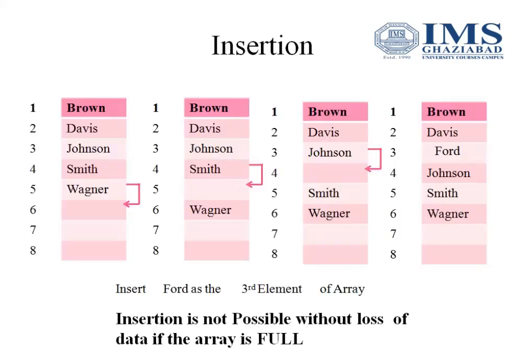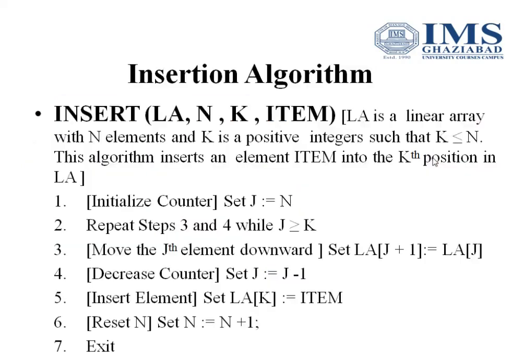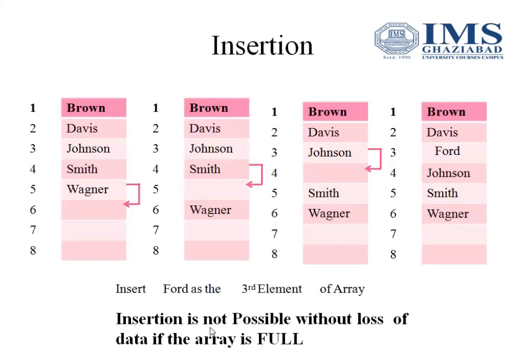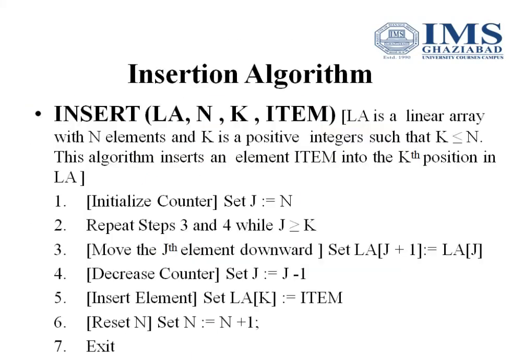Now the location at index 3 is free, so we can easily insert 4 over there, and the total number of elements will increase by 1. So the value of n was 5, now it will become 6, and then we exit the algorithm.